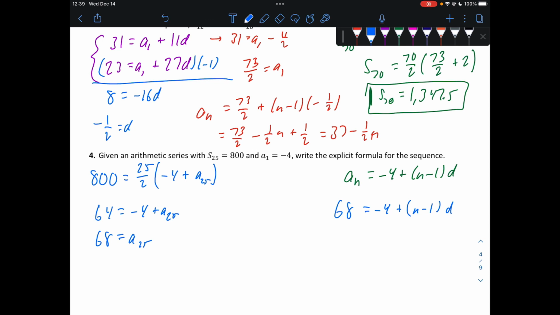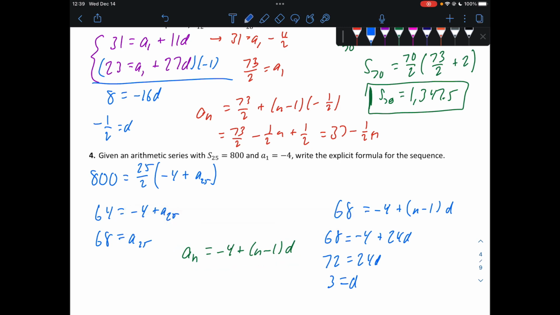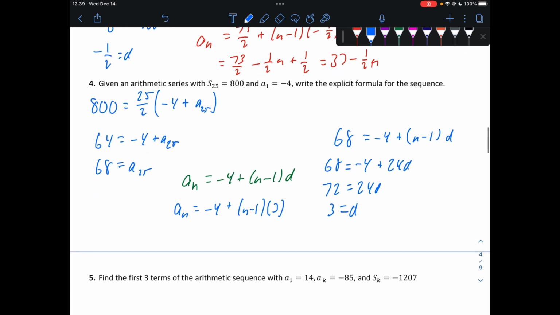And over here, I can put 25 in for n to get this, which means d would be 3. So now I can take this equation here and put 3 in for d. -4 plus 3n minus 3. 3n minus 7 would be our explicit formula.